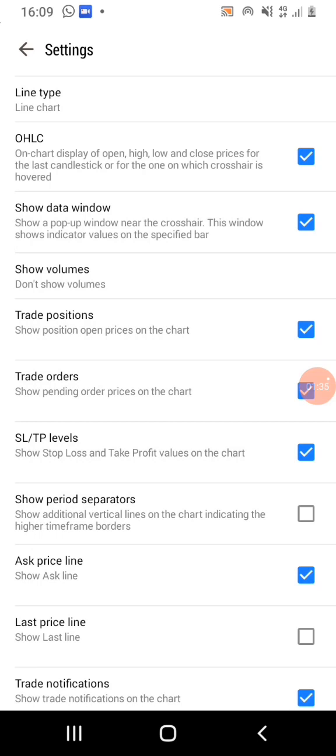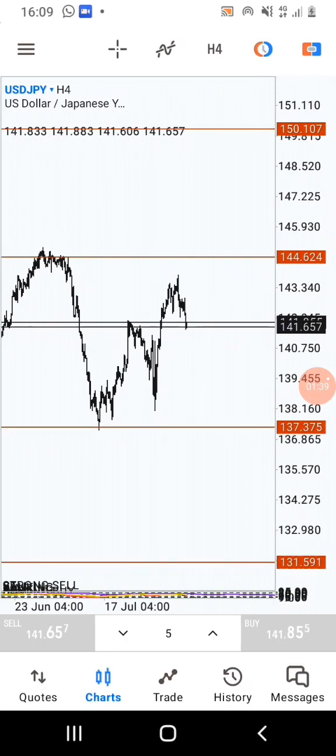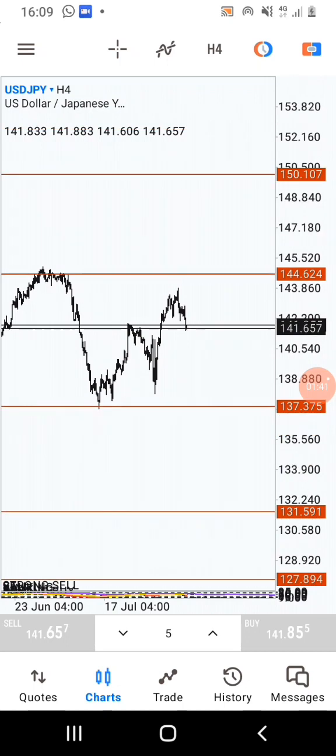So if you can apply those rules to your normal simple strategy and have it as simple as possible, trust me, you guys are gonna have a good time.